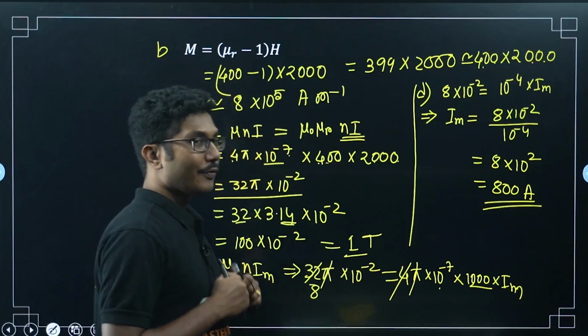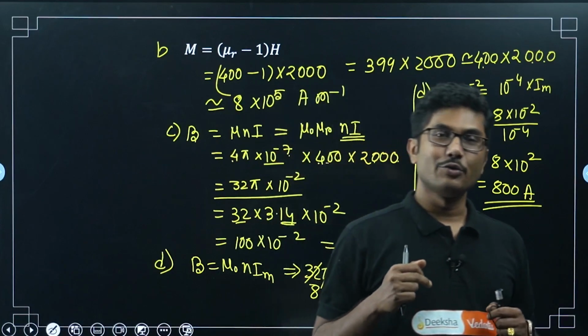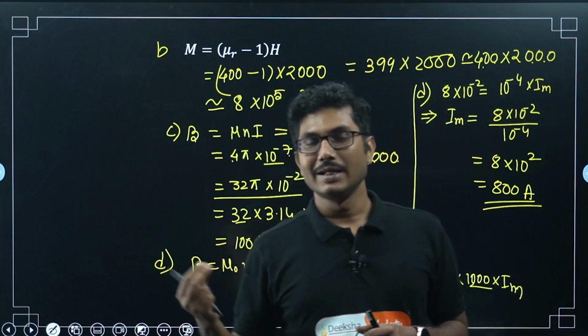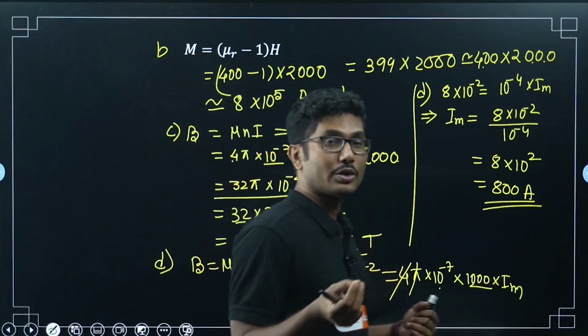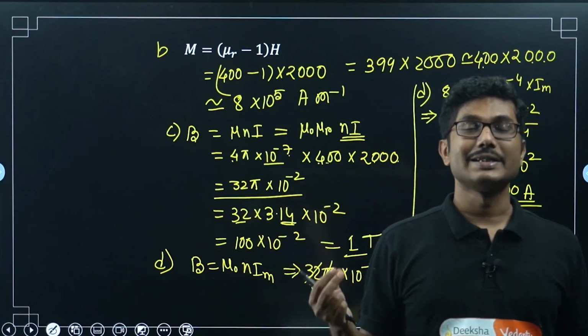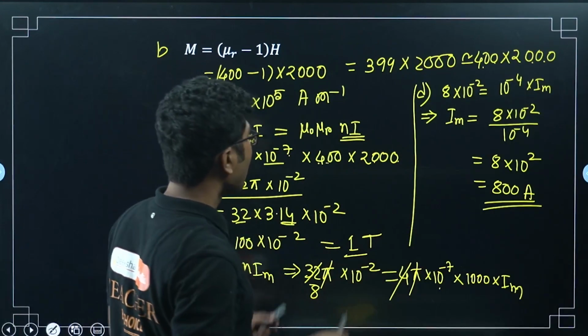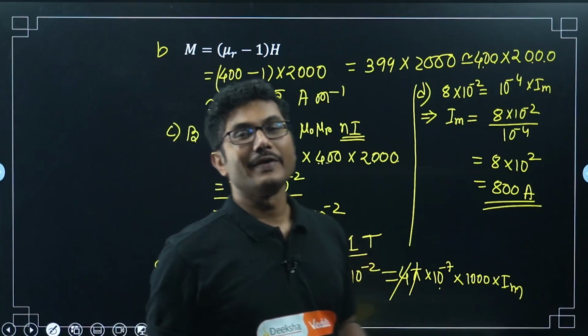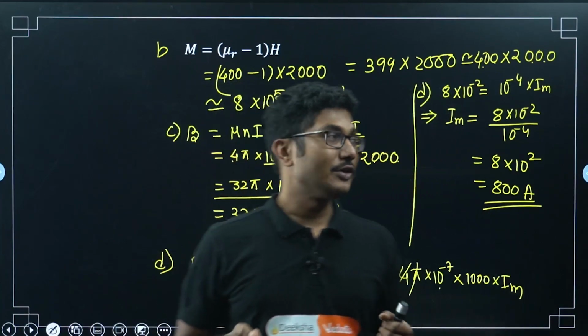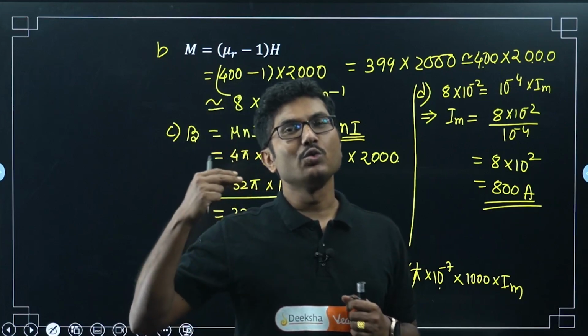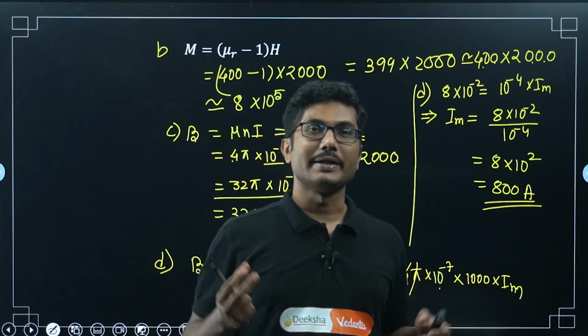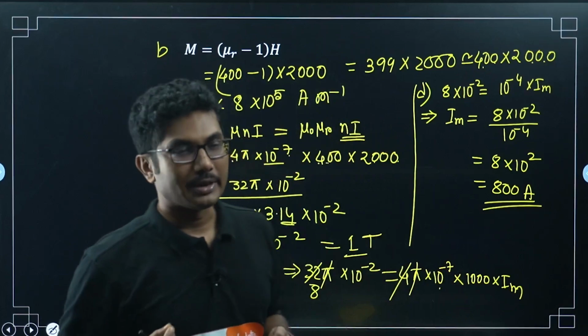That's why whenever we are using a solenoid, we use a material at the core, otherwise our entire effort is getting wasted. To achieve the same magnetic field you need 800 amperes when you are using air, and you need 2 ampere when you are using some material having a relative permeability of 400.